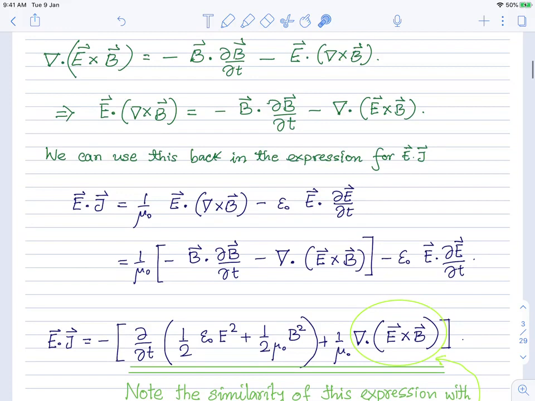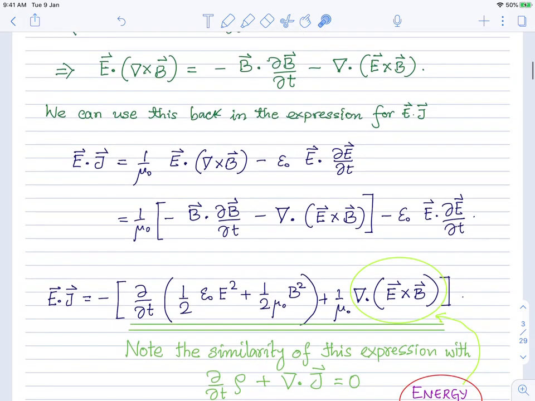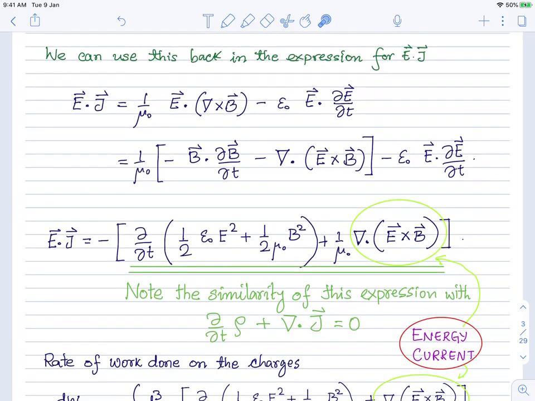Here we see that there are three terms now. All the terms have minus signs, so I'm pulling the minus sign out. And then we see that these two terms, this one and this one, fit together as a time derivative of this term, which is basically E squared plus B squared, apart from the epsilons. It's half of epsilon naught E squared plus B squared over mu naught, to make them dimensionally consistent.